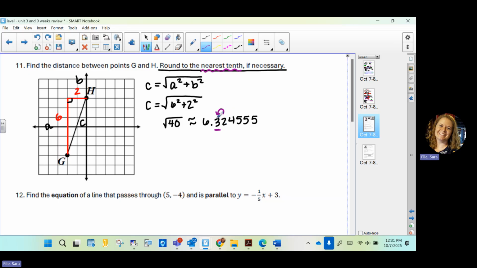Should the 2 round the 3 up to a 4, or is it going to stay a 3? It's going to stay a 3. Okay, if the number to the right of what you're rounding place value is 5 or higher, then it rounds it up. This does not round it up, so this is going to just stay 6.3. So that is the distance from G to H.